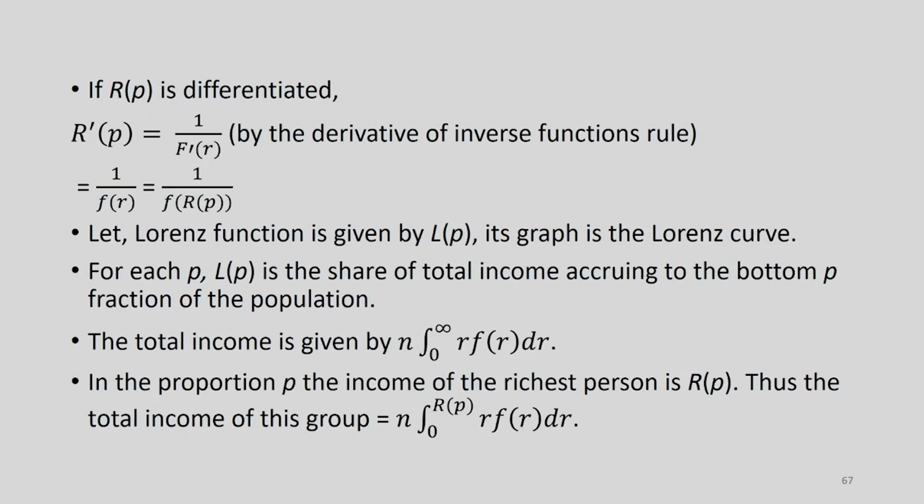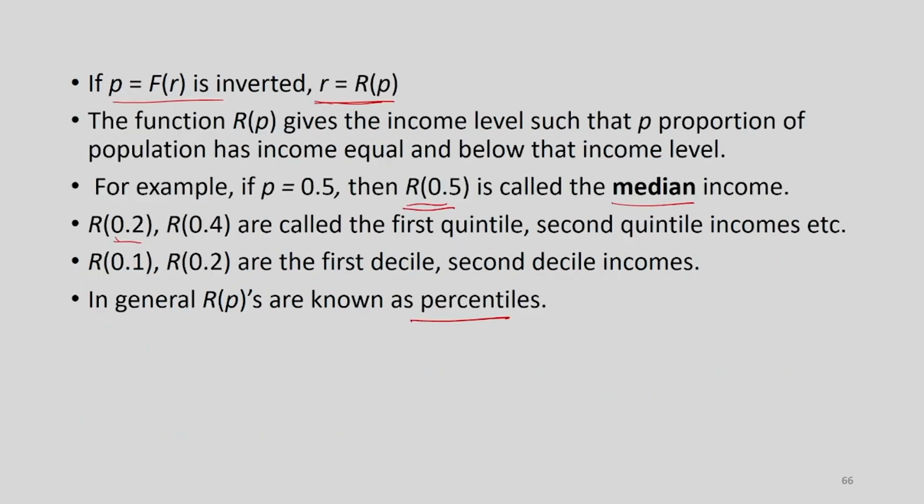Now, if I take this R(p) function, r is a function of p, and if I differentiate both sides with respect to p, R'(p) is becoming dr/dp. And what is dr/dp?